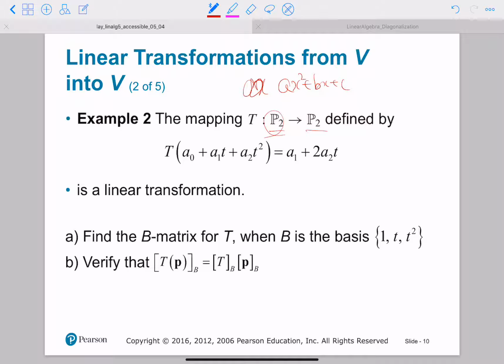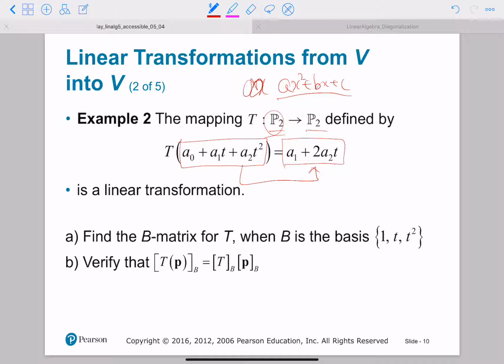We consider all the possible second order polynomials in this form as our domain and codomain. So even before thinking of dimensionality and so on, this is an arbitrary input polynomial, and this is the output polynomial. So this is our function definition.